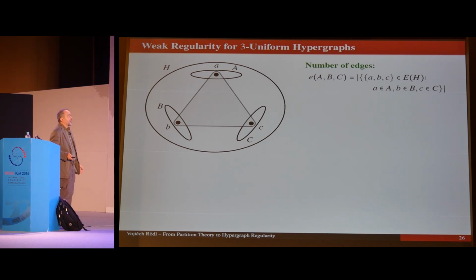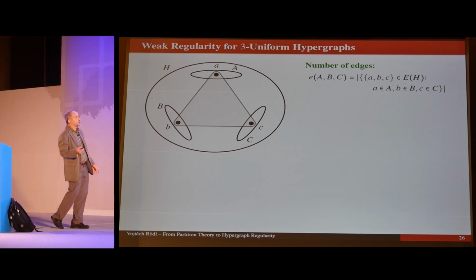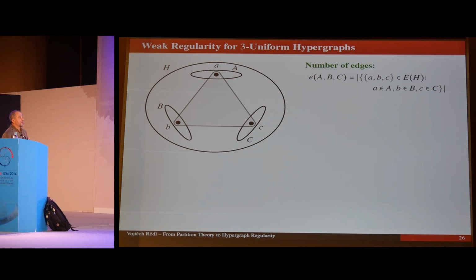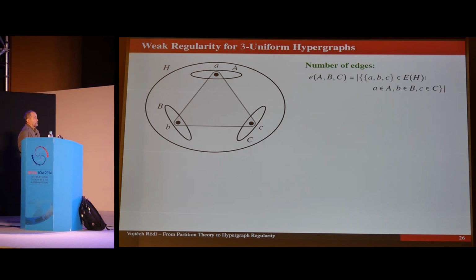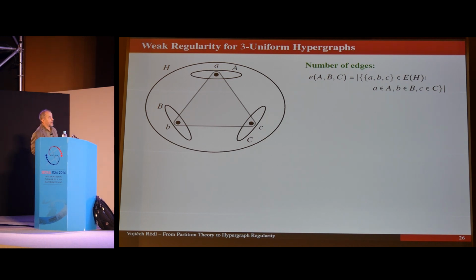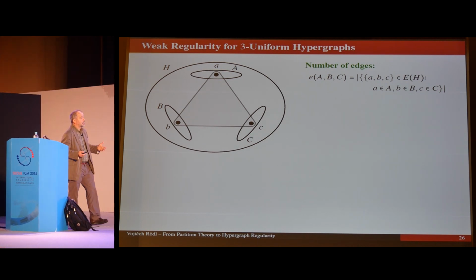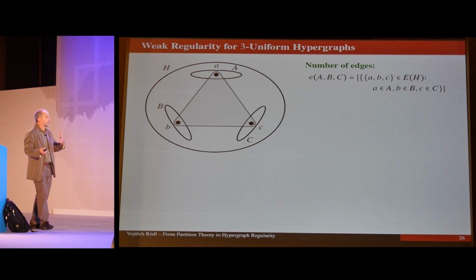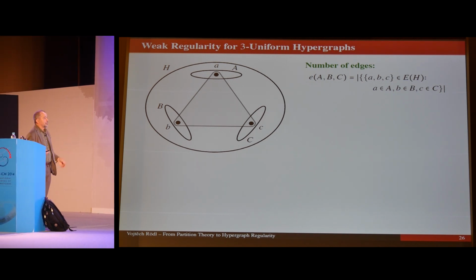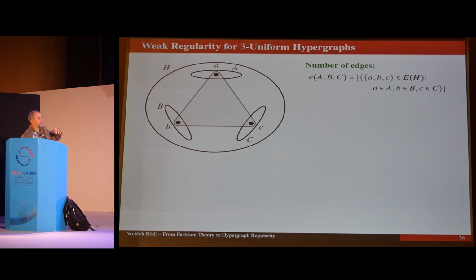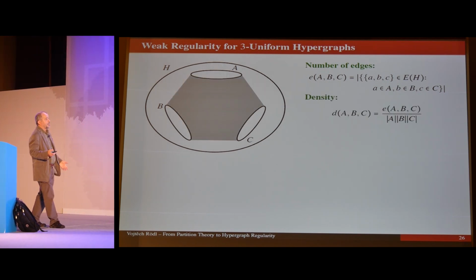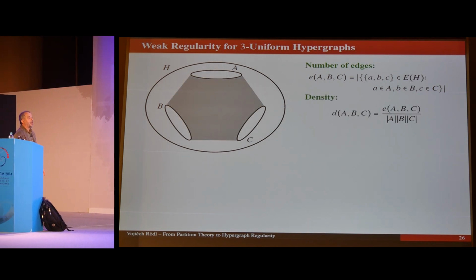So the first idea sometimes is good. Here it's not, but I will point it out anyway. So what would be the first idea? Just do the same thing as for graphs. For graphs, we considered pairs A, B, and counted the number of edges with one endpoint in A and one endpoint in B. I could do it for 3 sets, A, B, C, and define the density the same way.